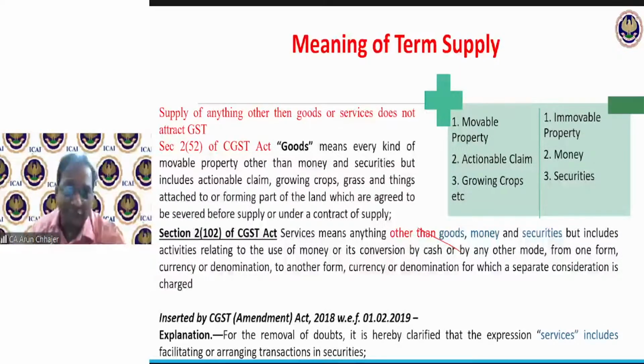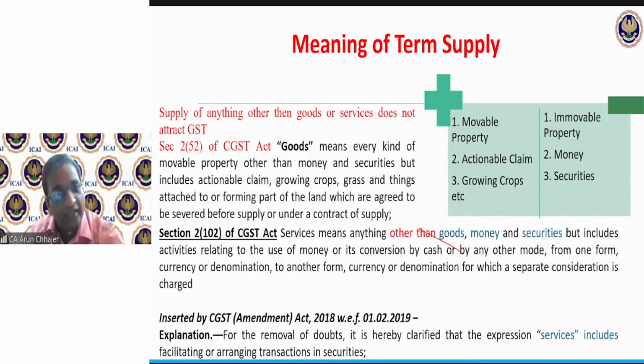There is an exemption notification, serial number 12, which talks about if you give a residential dwelling to an unregistered person for residential use, in that case, there is no tax at all.